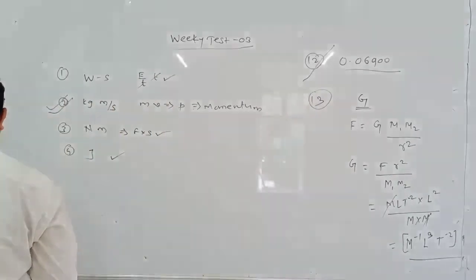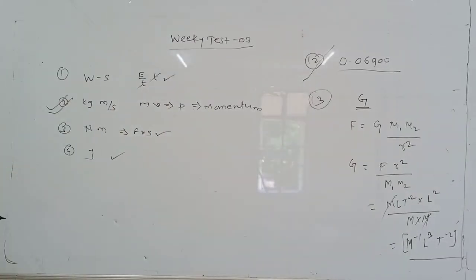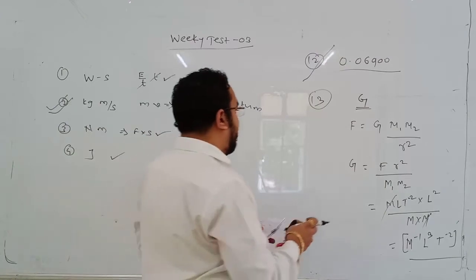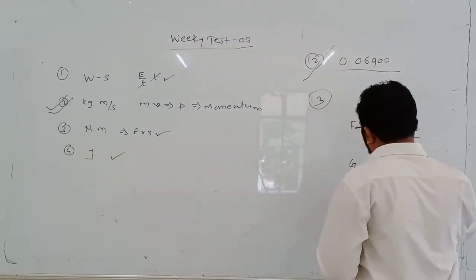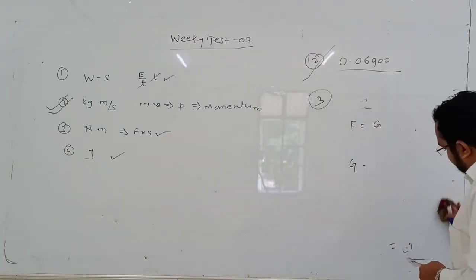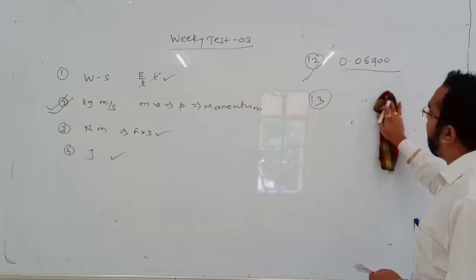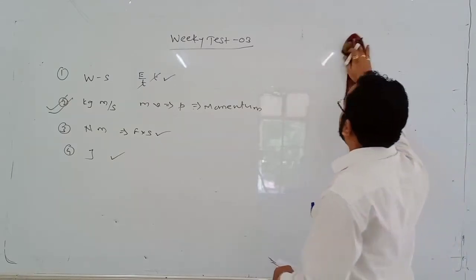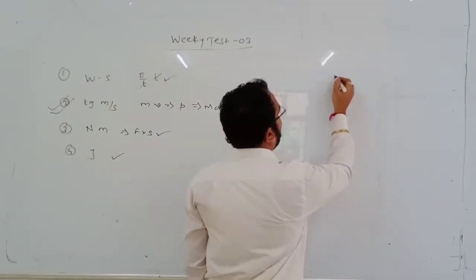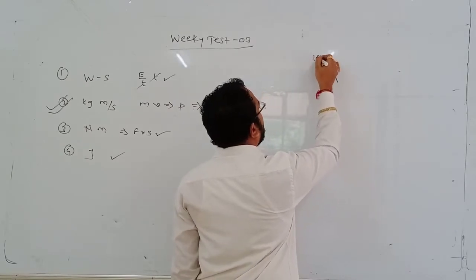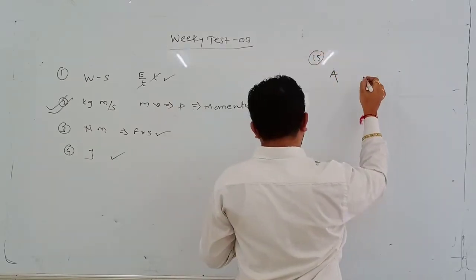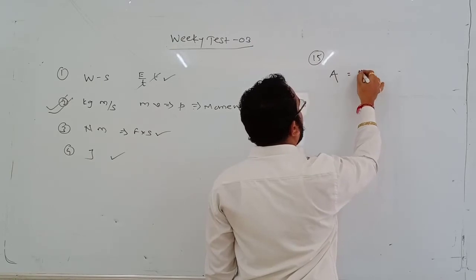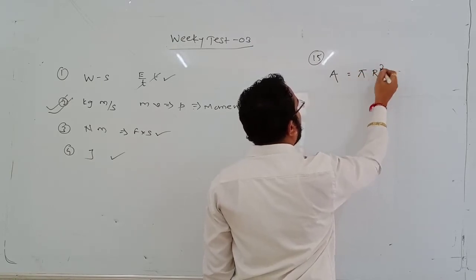Next question number 15. If the error in the measurement of radius is 1%, what is the error in the measurement of the area of a circle? Now what is the formula for the area of a circle? Area of circle is pi r square.